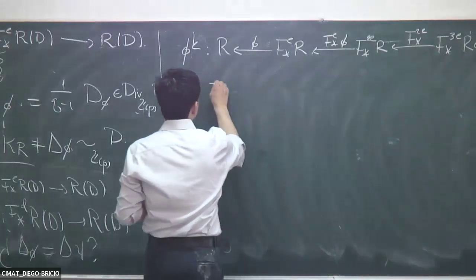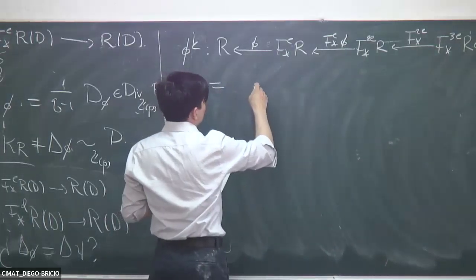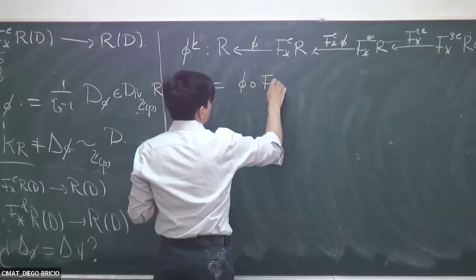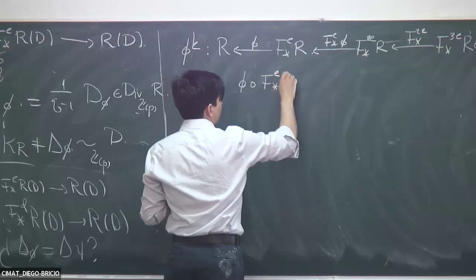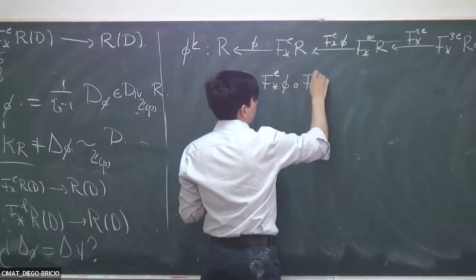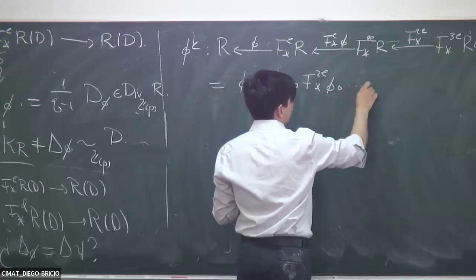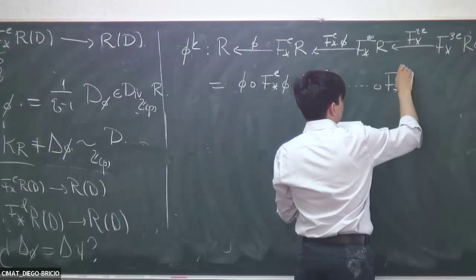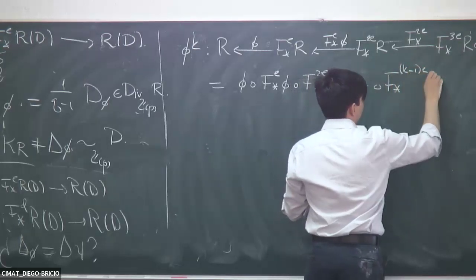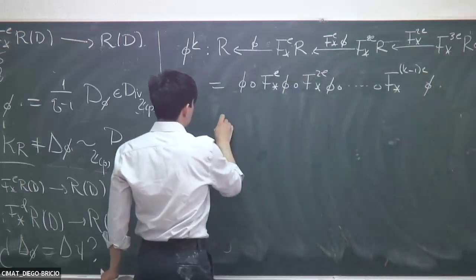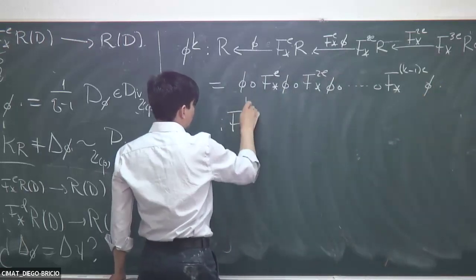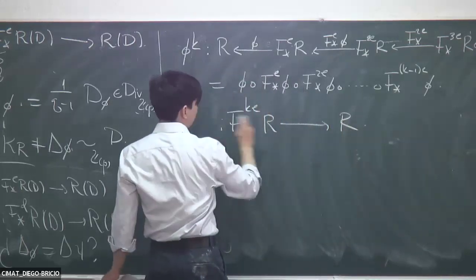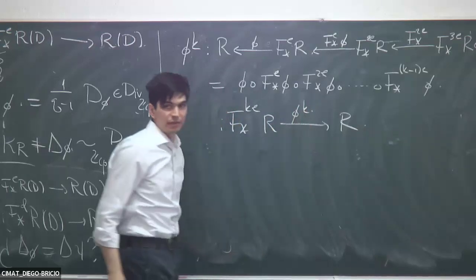So this thing I wrote here is a composition that goes phi composed with this phi composed all the way to, we stop at k minus 1 E. And this is going to be a map that goes from kE to R. And that map is denoted by phi^k. It's the k-th power of phi.